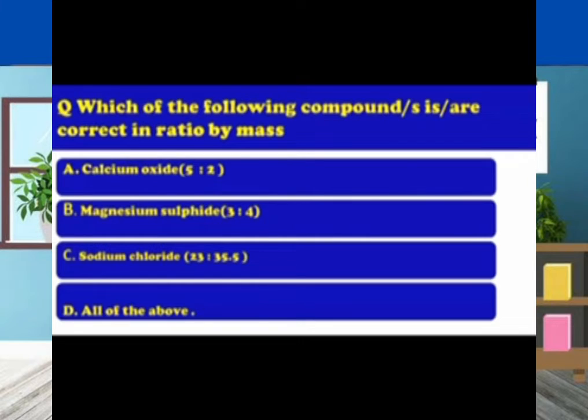Calcium oxide combined in the ratio 5:2, magnesium sulfide 3:4, sodium chloride 23:35.5. Here the answer is all the above. All the ratios are correct. Correct ratios of all compounds.